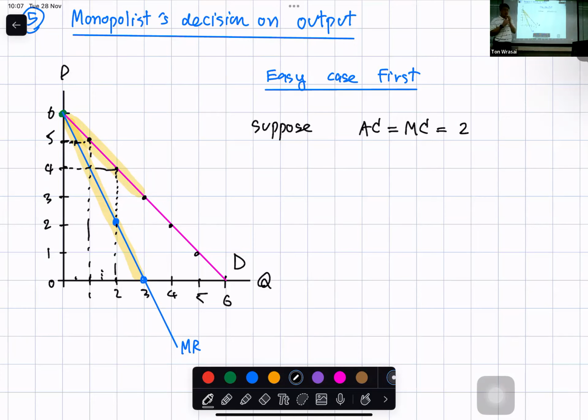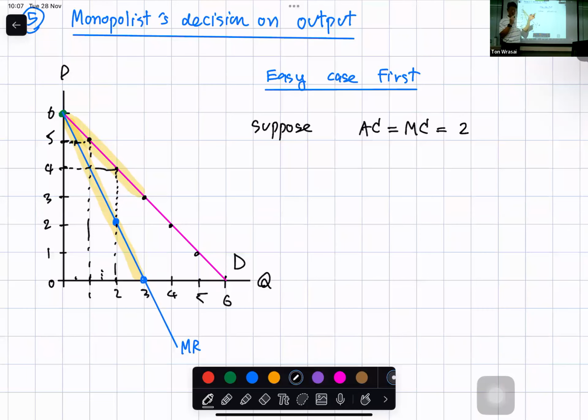Suppose the monopolist wants to produce one more unit of output, and let's say his marginal cost is constant. He has to pay 2 baht for every unit that he wants to produce more. Let's say cookie. MC is constant. If MC is constant, AC must be constant too.